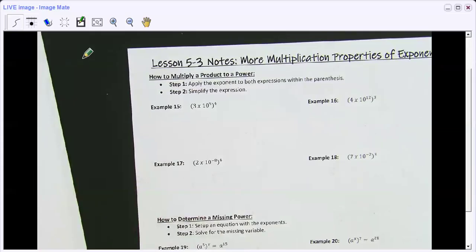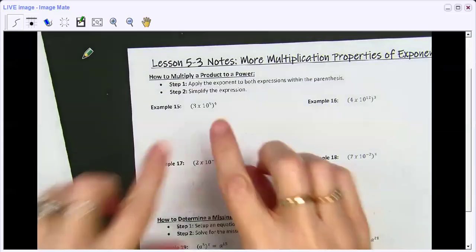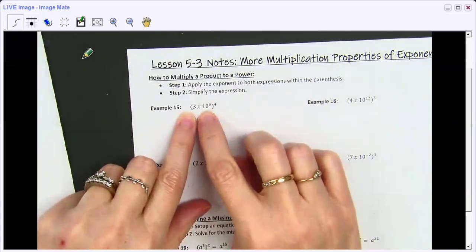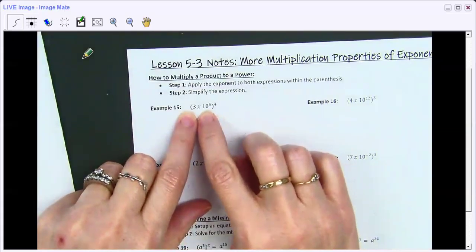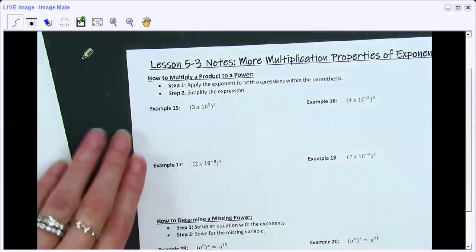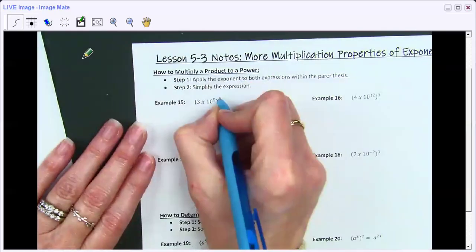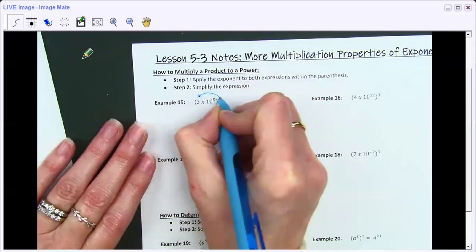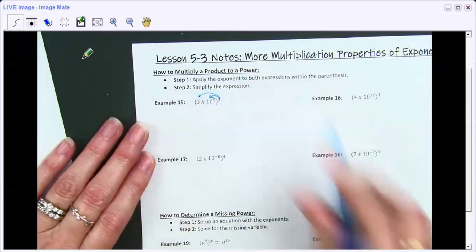In scientific notation, nobody wants to multiply this out 4 times. 3 times 10 to the fifth times 3 times 10 to the fifth times 3 times 10 to the fifth times 3 times 10 to the fifth. So what you're going to do is apply the exponent to both the 3 and the power of 10 separately.